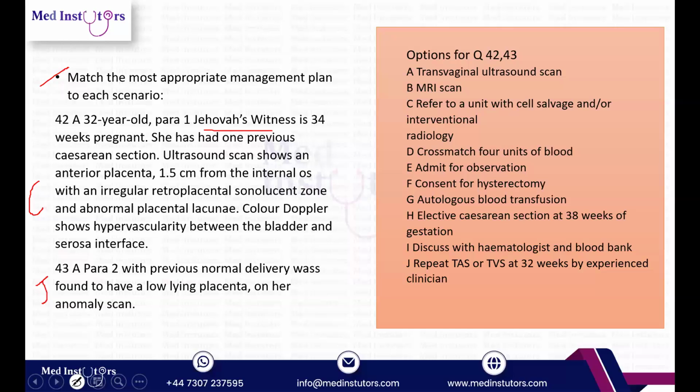If they had said a para 2 with previous normal delivery has a BMI of 40, and she has been found to have a low lying placenta on an abdominal scan which was done during her anomaly scan, what would you suggest? Then maybe we can answer transvaginal. Okay. Then you can answer transvaginal, but now this points more towards a repeat TAS or TVS at 32 weeks.